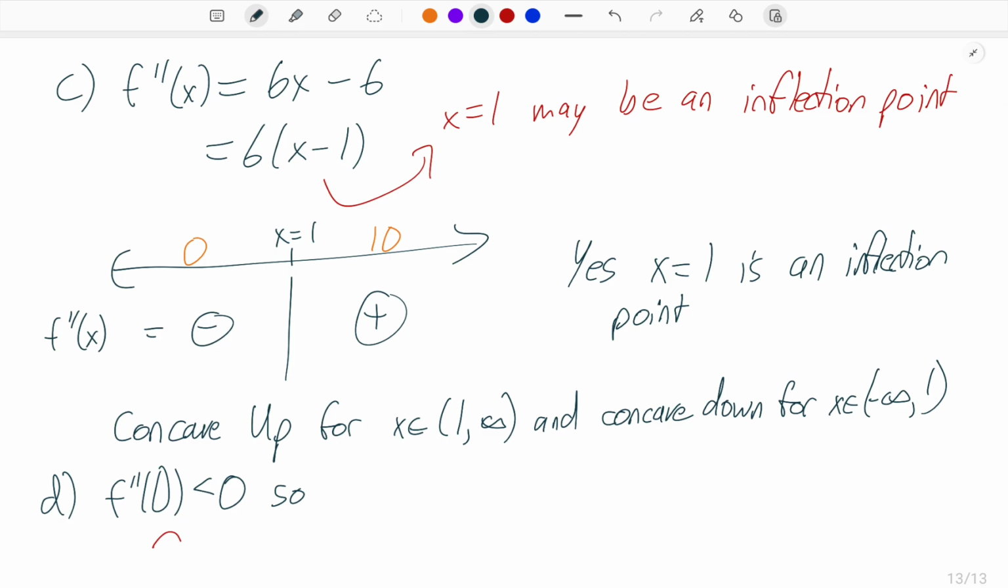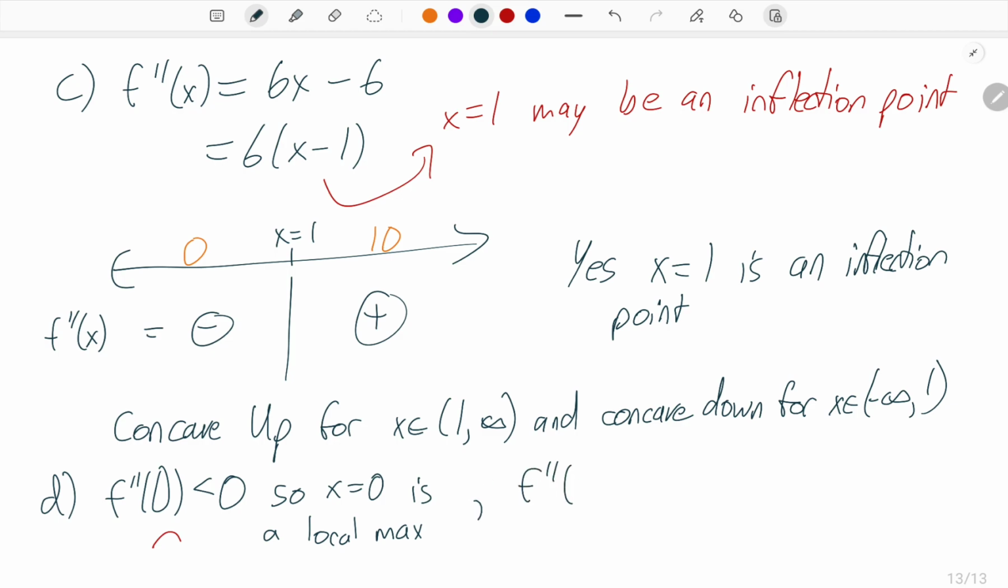Have an understanding of what it means shape-wise, and that will help you remember if it's a local max or a local min. Remembering what concave up and concave down actually mean is probably better than just trying to memorize the second derivative test cases. Concave down just means it's an upside down u. So x equal to 0 is a local max, because it's the top of that u.